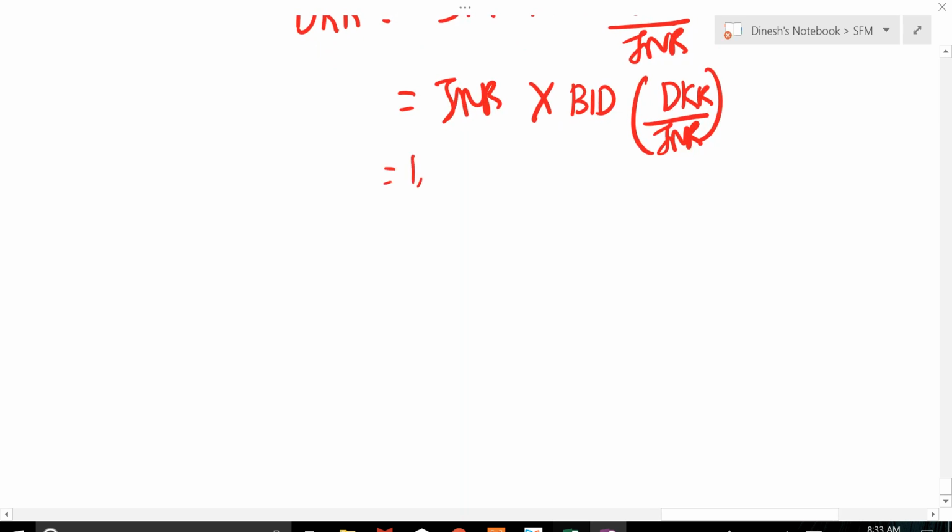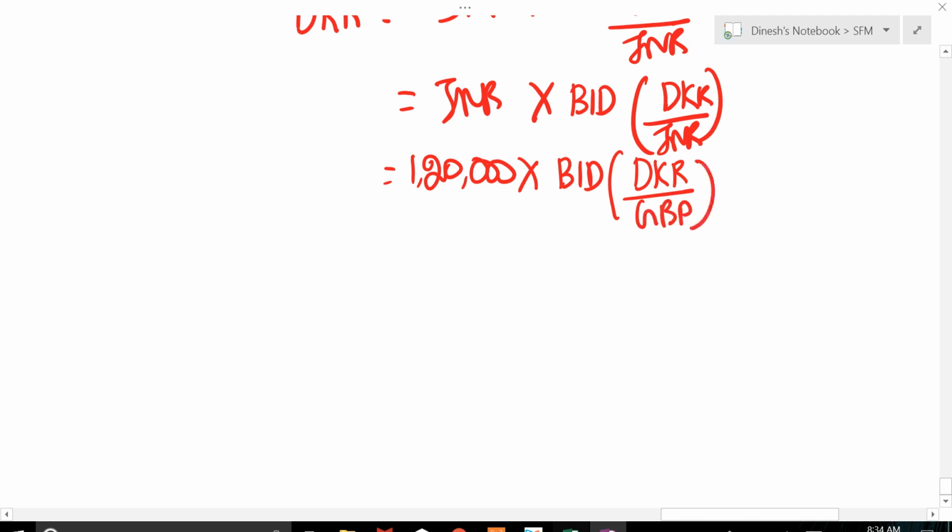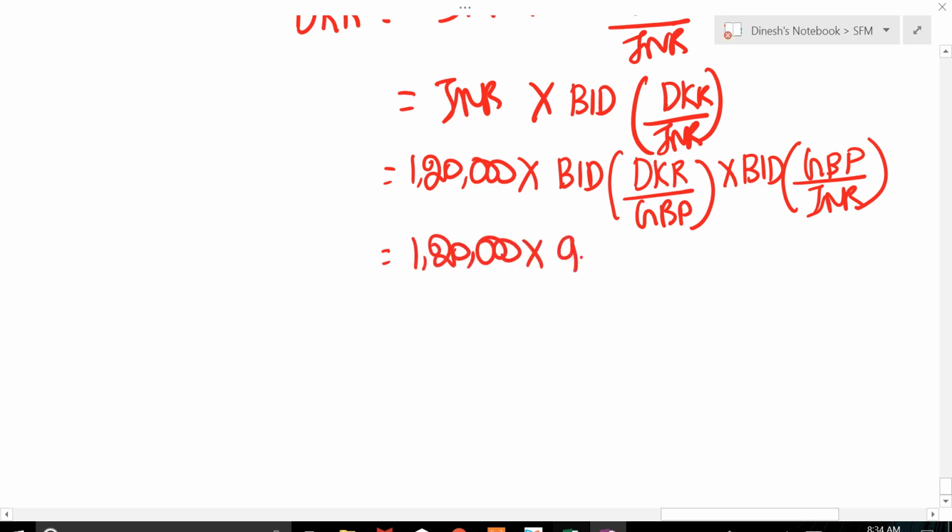1,20,000 into bid. What is the extension? DKR by GBP into bid GBP. Do we have DKR per GBP? How much? 9.274.